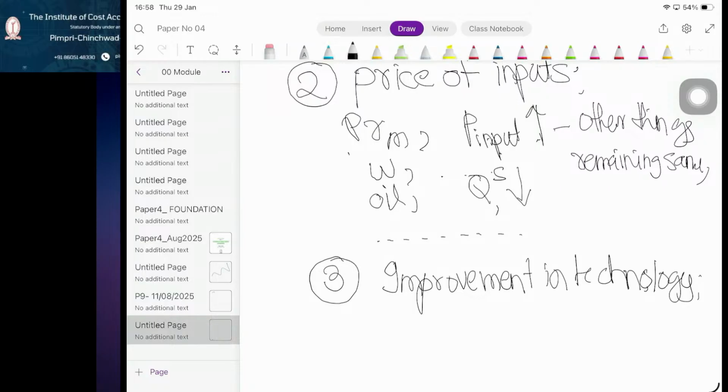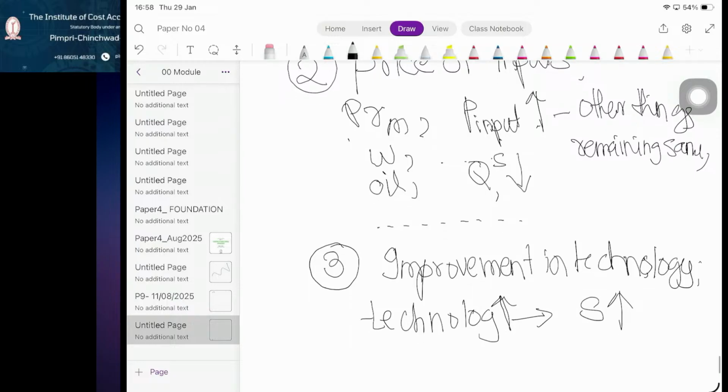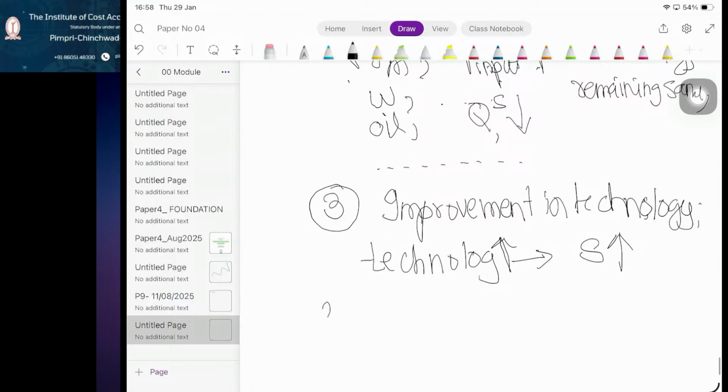So when technology improves, supply will increase. Generally, technology improves the supply. Increase in tax, what will happen?